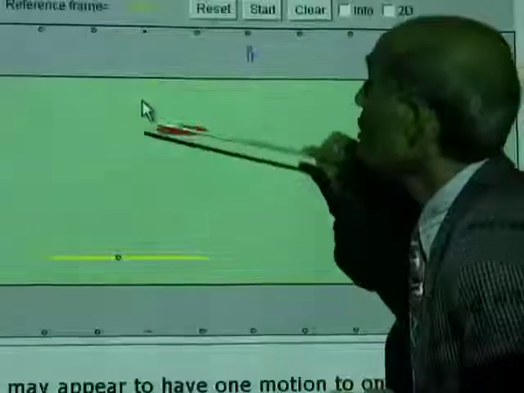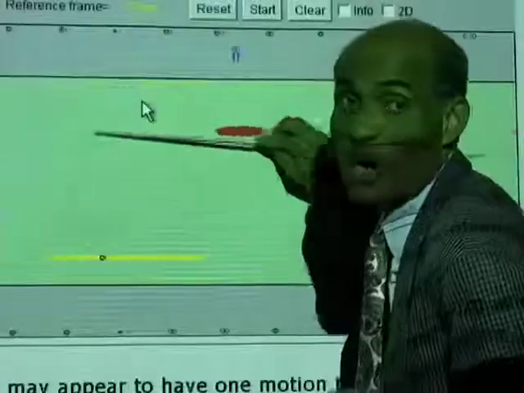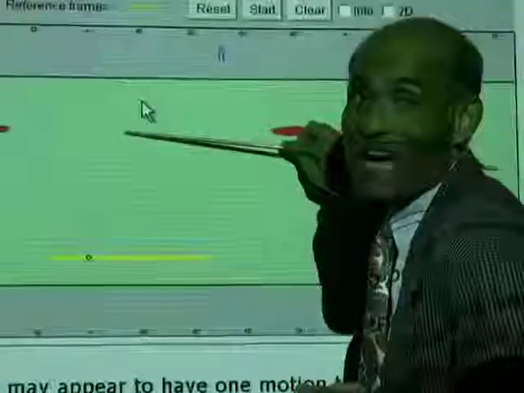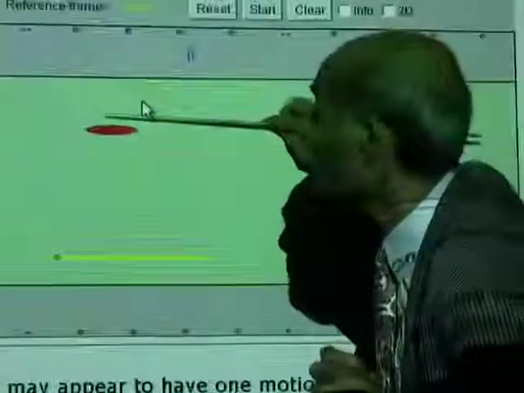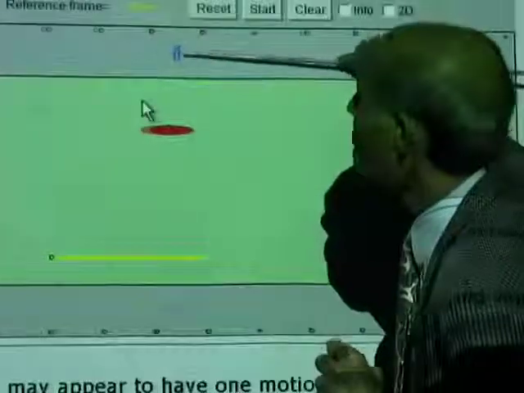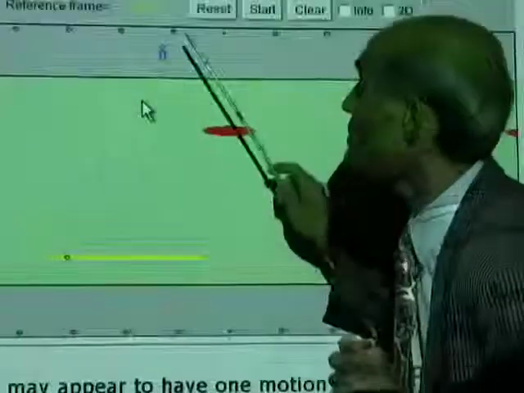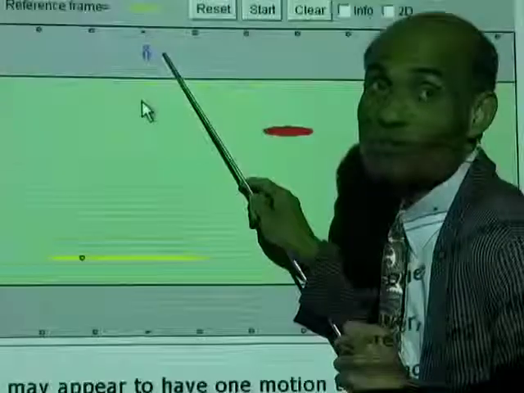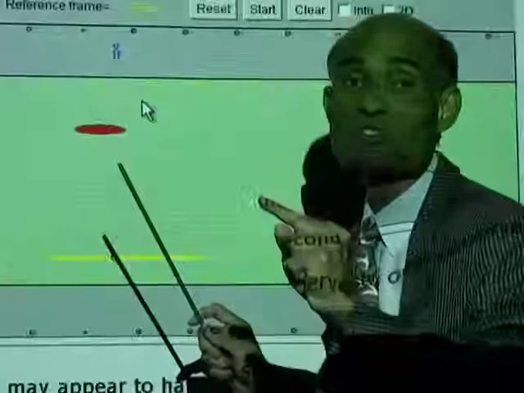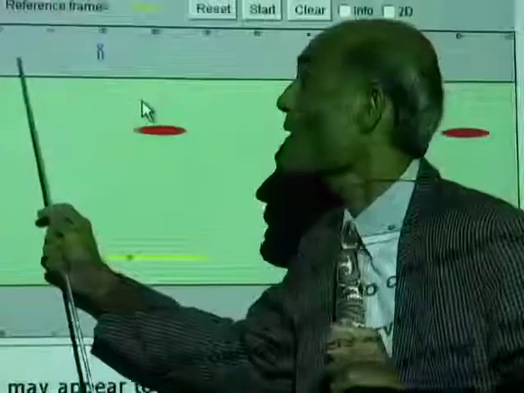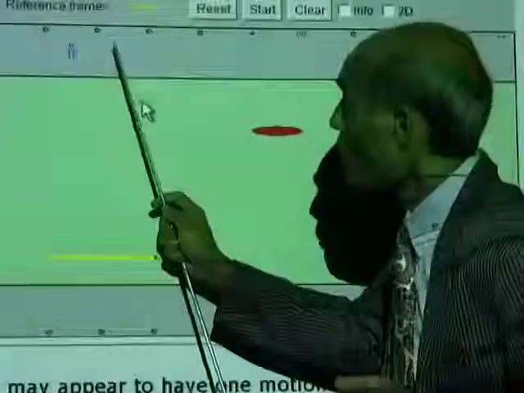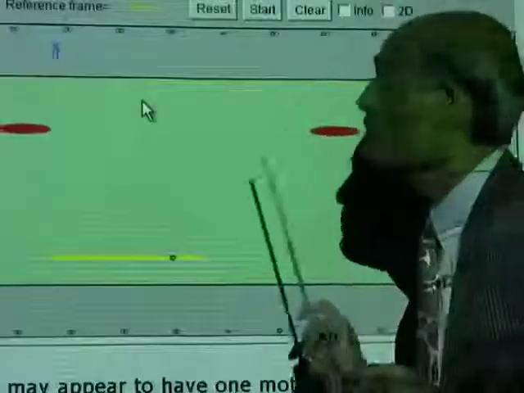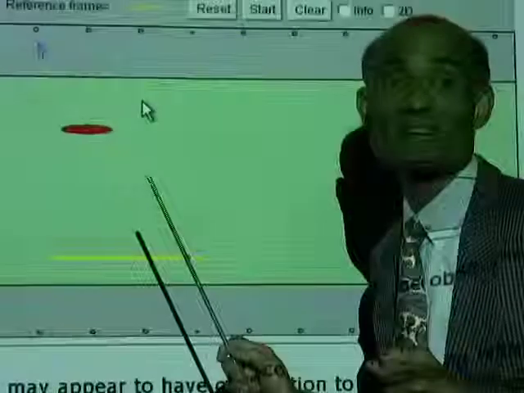That means when you brought the river to a stop by applying an equal and opposite velocity of 2 meters per second to the left, you apply that velocity to every object. When you apply that velocity to the man, he is now going 1 minus 2, that is negative 1 meter per second, to the left. And from the ground you saw the boat was moving at 5 meters per second.